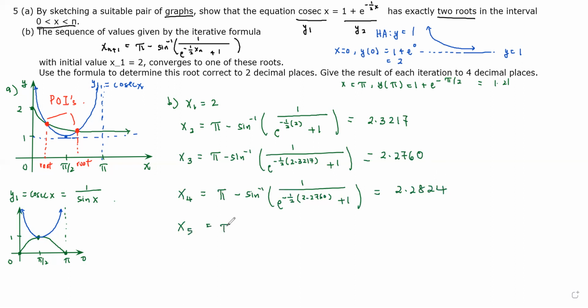X sub 5, here pi minus inverse sine. Now we replace the x value with 2.2824. That gives us a value of 2.2815. To 2 decimal places, they are the same. Therefore, we say that the root is 2.28.